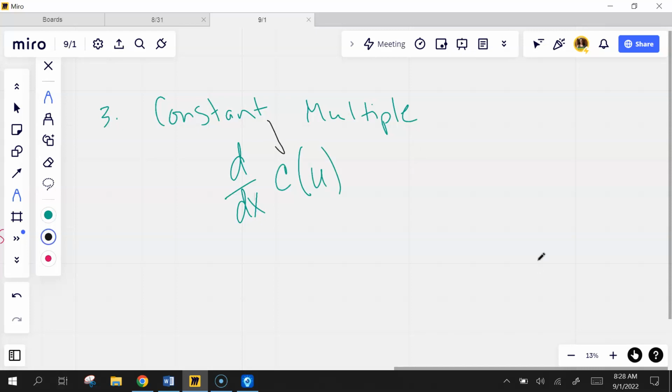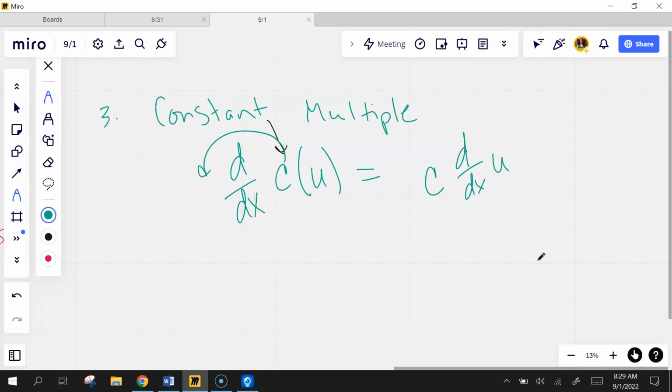This is a constant or a coefficient that sits in front, okay? What you can do as you do these is you can pull that around to the front and say, well, I'm going to do the constant in front times the derivative of whatever's left.